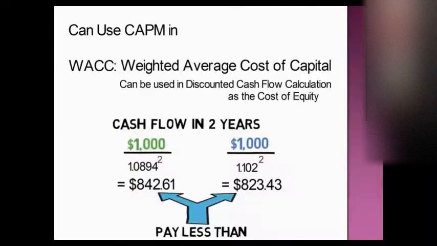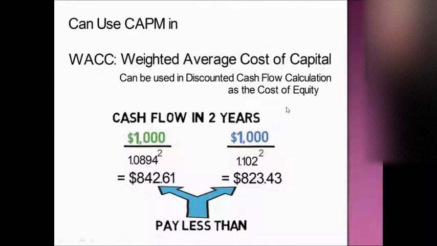So in our example, class, we will be using this CAPM to compute the cost of equity. Kasi class, in WACC, we can compute the cost of equity, or another one is the cost of debt. So in our particular example, we are going to compute the cost of equity, meaning to say the amount that you are investing.